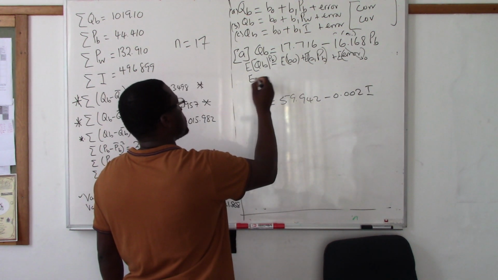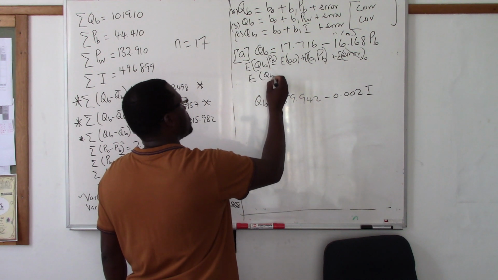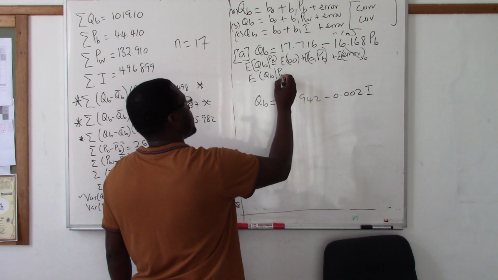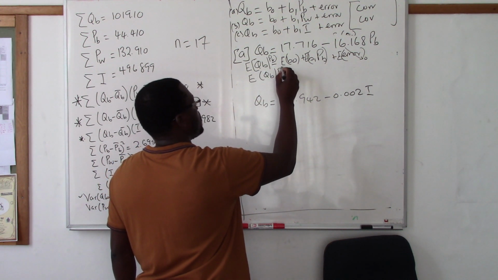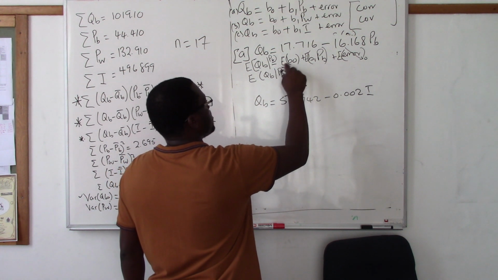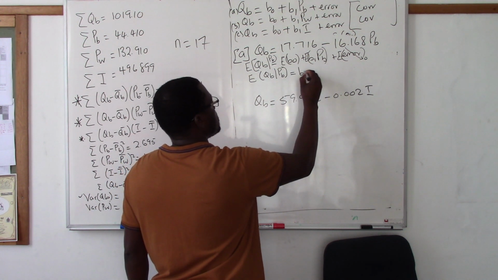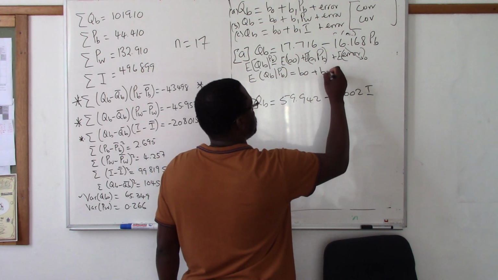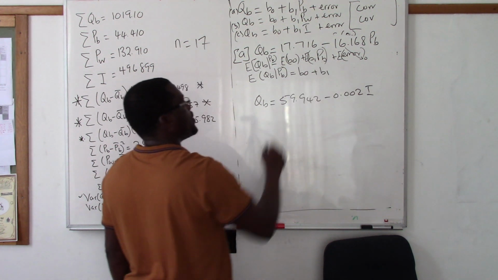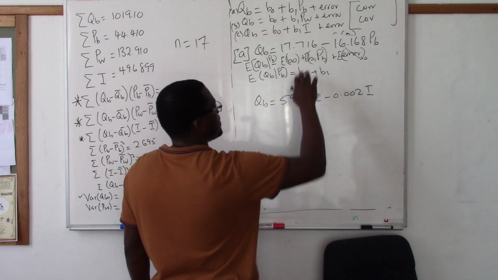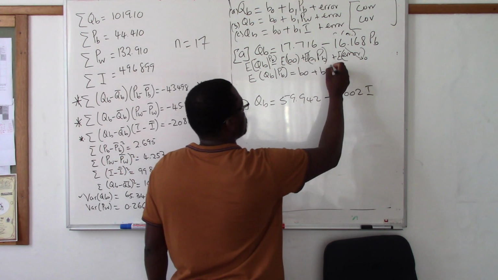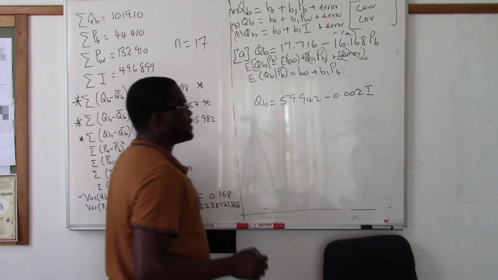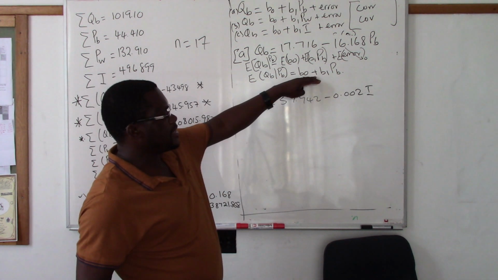So we are left with the expected value of QB given PB, which is equal to the expected value of a constant, which remains a constant, plus B1 times the expected value of PB, and because we know this number from the data set, the expected value of PB is also PB. Essentially, this is what we estimated.